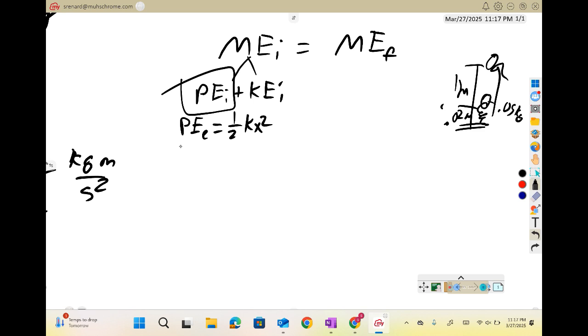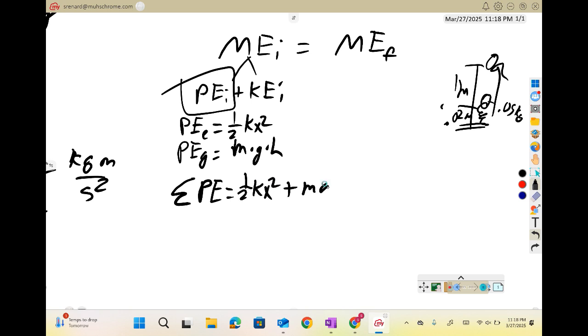And then we have potential energy due to gravity, which is m times g times h. So we're going to need to find the sum of our potential energies, which is the spring potential energy plus our gravitational potential energy.